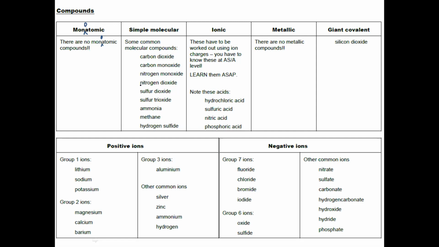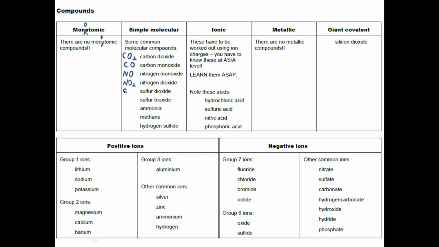Right, some common examples of molecular compounds that you need to know. Can you pause and have a go to see if you can fill them up? Right, so you're going to have carbon dioxide, carbon monoxide. So can you see dioxide means there's two oxygens, monoxide means there's one oxygen. So for nitrogen, monoxide and dioxide will be NO and NO2.